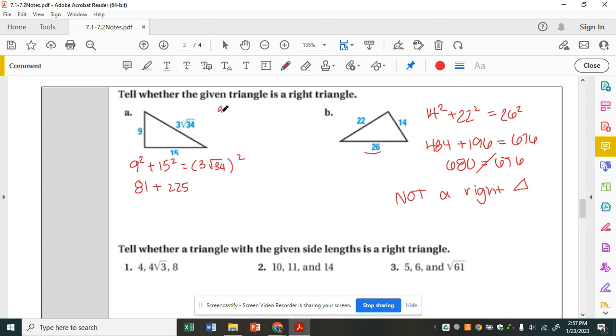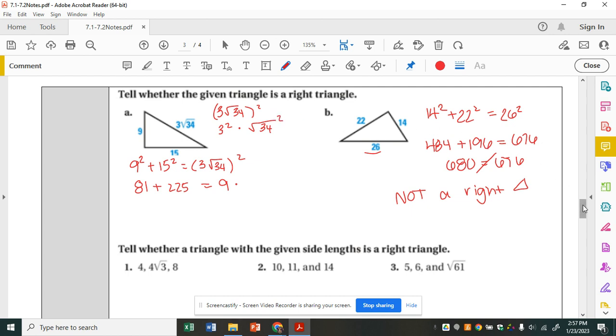If I have 3 square roots of 34 squared, that means I'm going to square the 3, and I'm also going to square the square root of 34. This we know is 9, right? 3 times 3 is 9. The square root of 34 squared, we had talked about before that the square root, the opposite of it, is the exponent of 2, right?